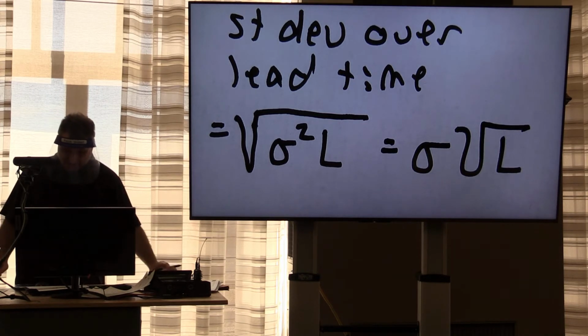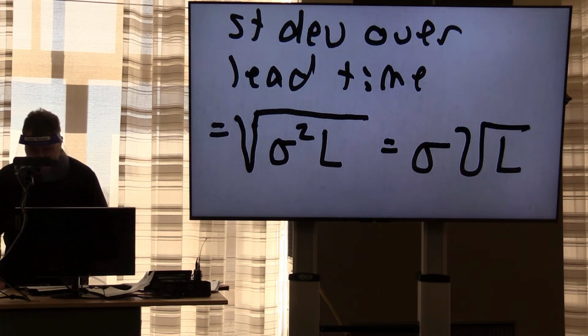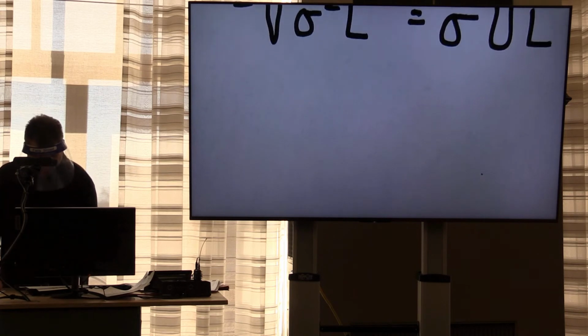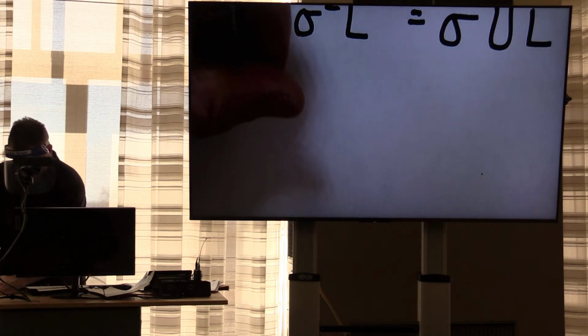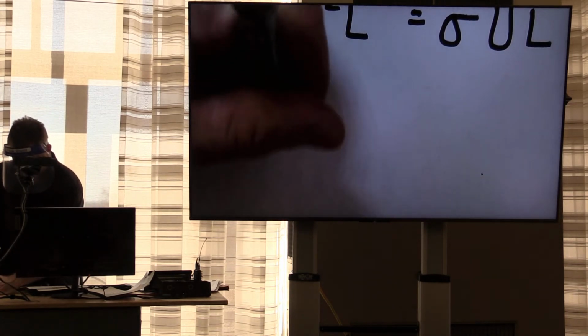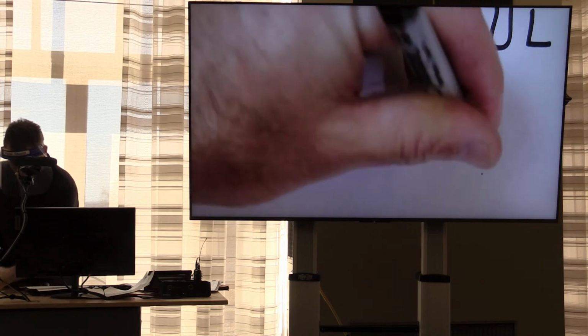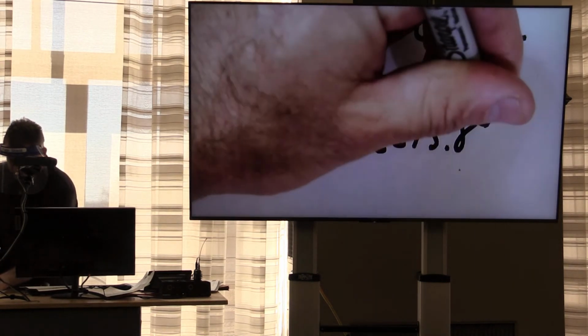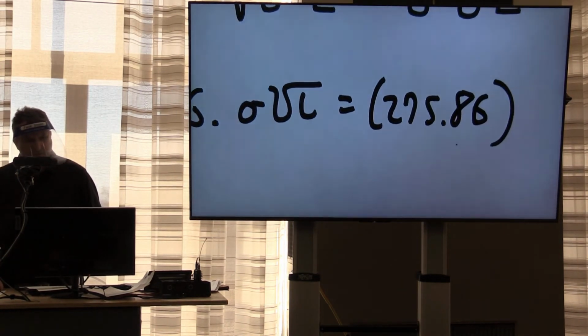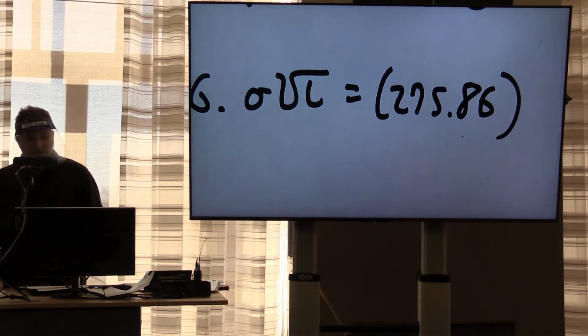And so now for answering number 6, our standard deviation of daily demand was 275.86.